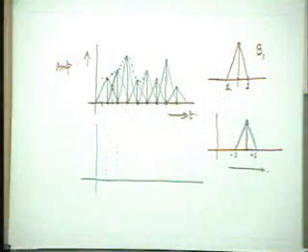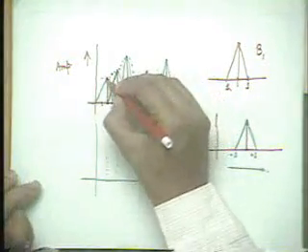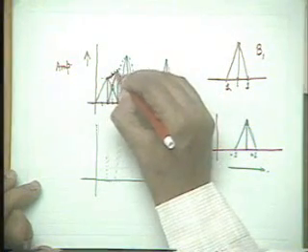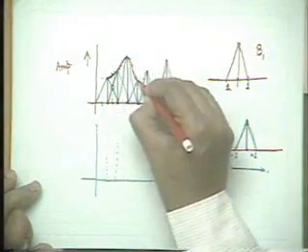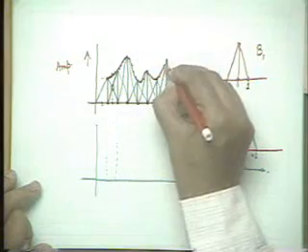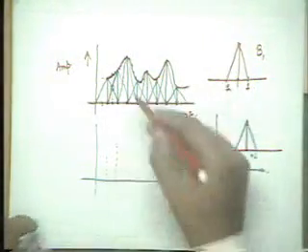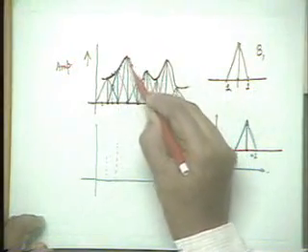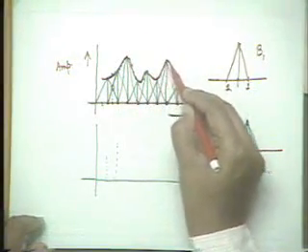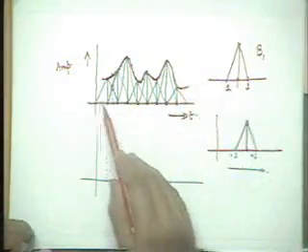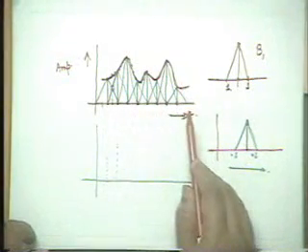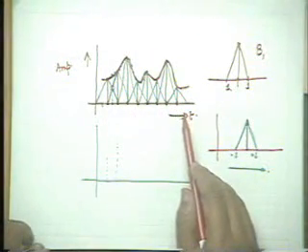So if we are trying to reconstruct the original continuous waveform, maybe this is the nature of the function which we will get, this top red curve which I am drawing, which is nothing but the summation of all these individual interpolation effects.